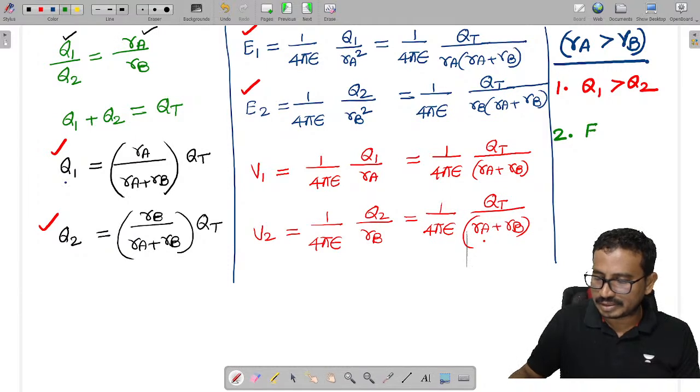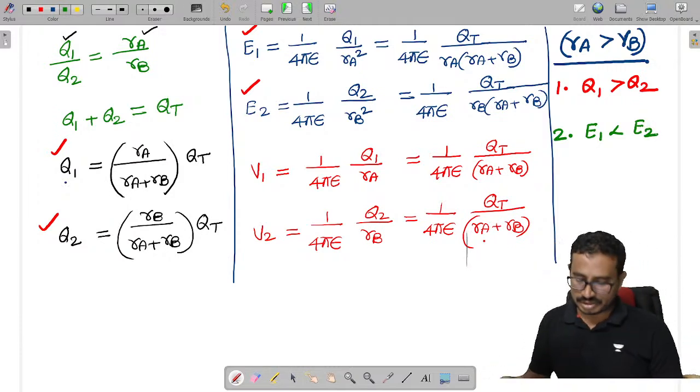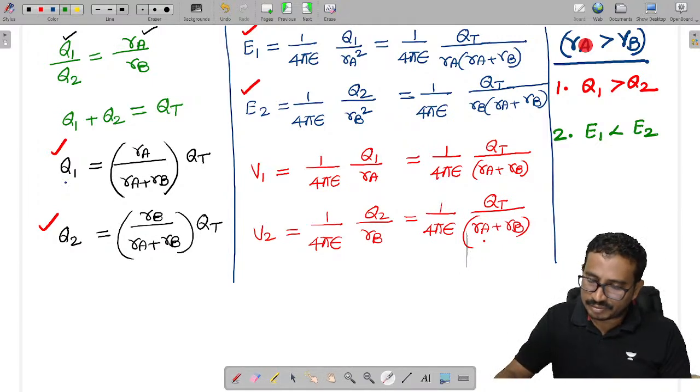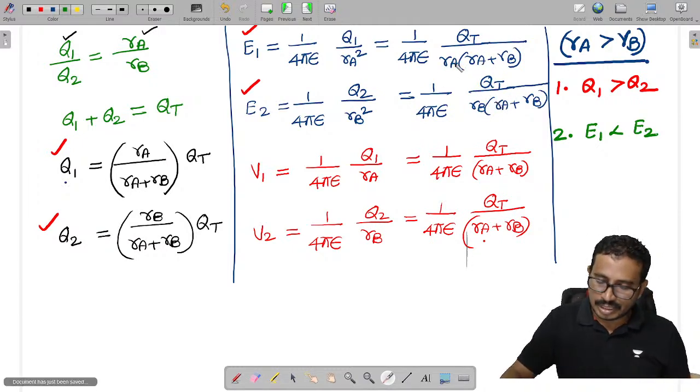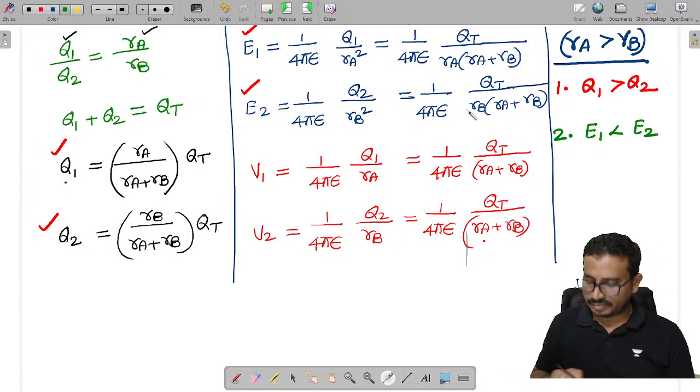So I can write E1 is less than E2. Check it here: except RA, RB, everything remaining is the same. Since the RA value is greater, the E1 value is smaller compared to E2.